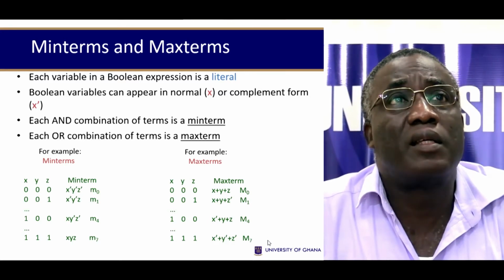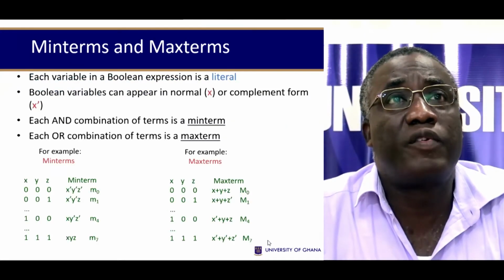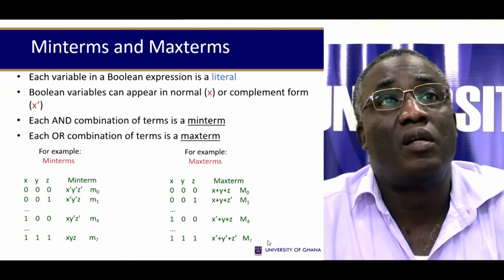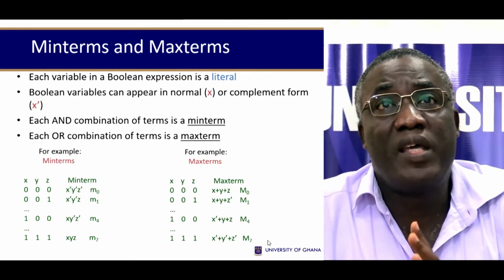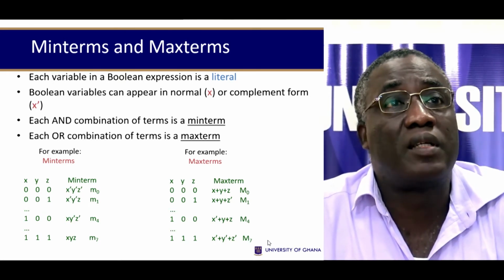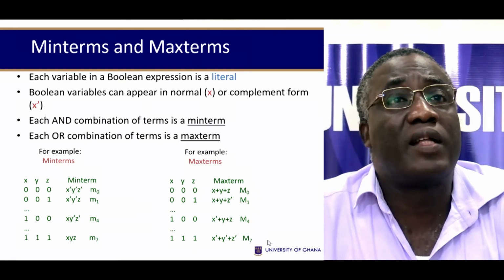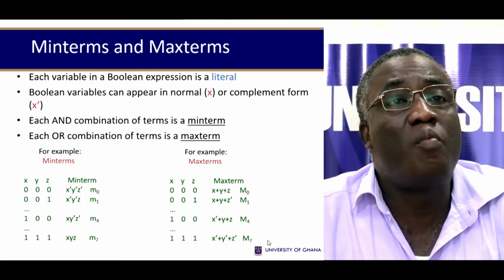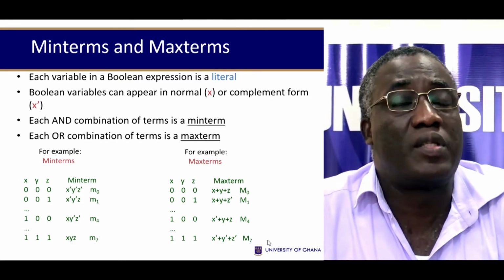Given that, each variable in the Boolean expression, we call that a literal. And then Boolean variables can appear in normal form or complement form. So it's either x or the complement of it, right? Now, when you have that, say if you take the truth table, then a combination of all of them are called min terms.